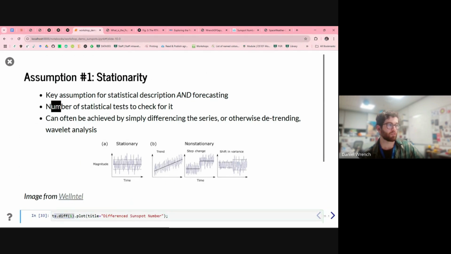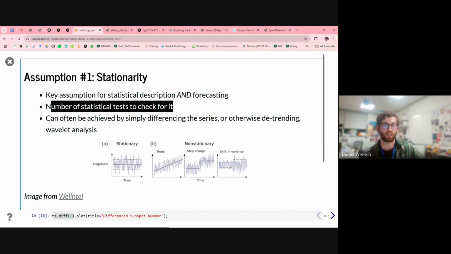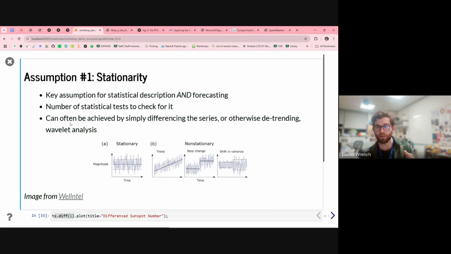And there's also a number of statistical tests that will check for this in Python or R or whatever you're using. They can give you some significance level, whether it's highly significantly non-stationary or whether it is reasonably stationary. Often in solar wind studies, people assume it's stationary, or they'll choose to select intervals which are relatively similar.